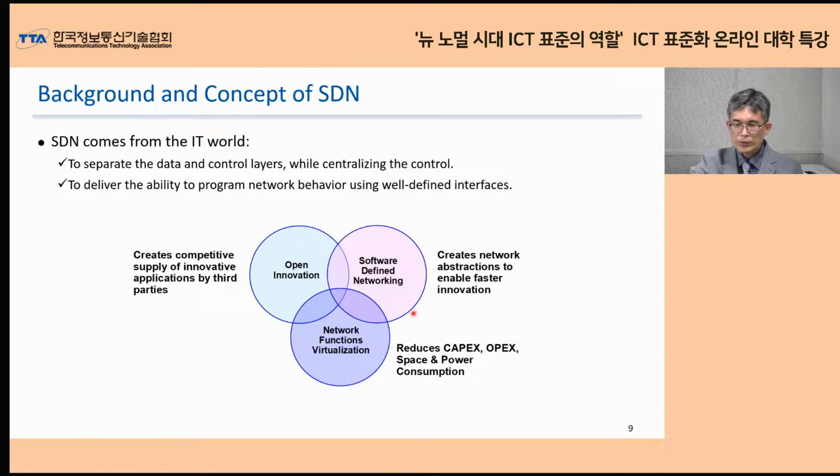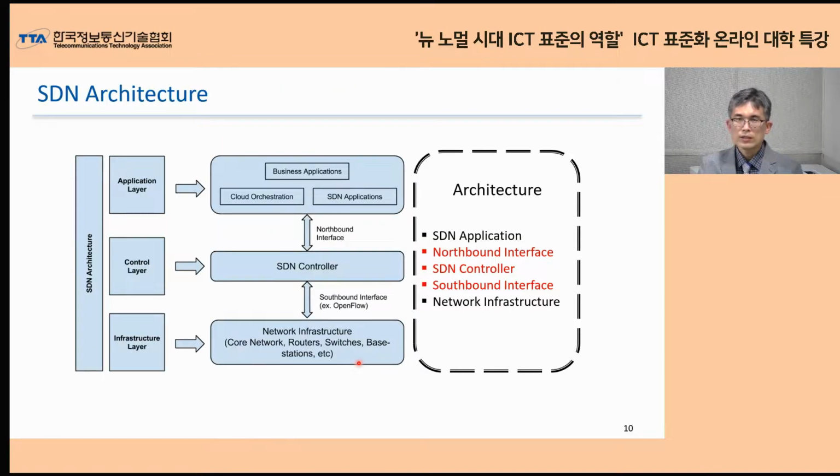This figure shows the ecosystem consisting of open innovation, software-defined networking, and network functions virtualization. This figure shows the architecture of SDN. On the left-hand side, there are 3 layers: infrastructure layer, control layer, and application layer.